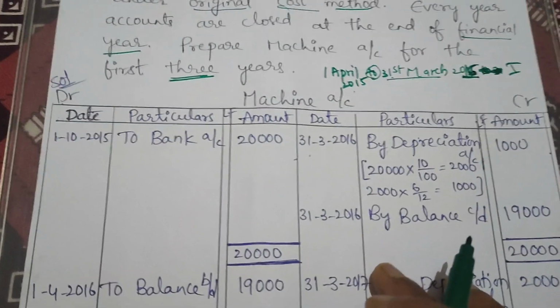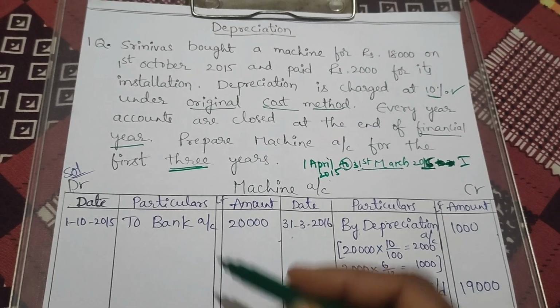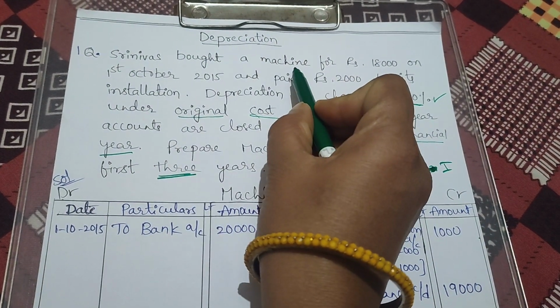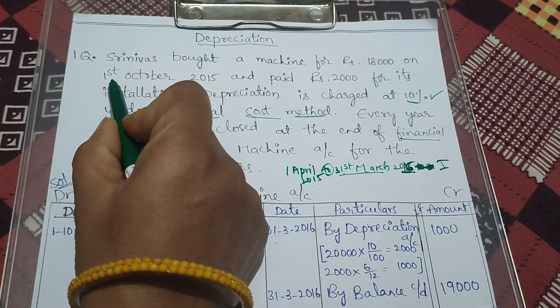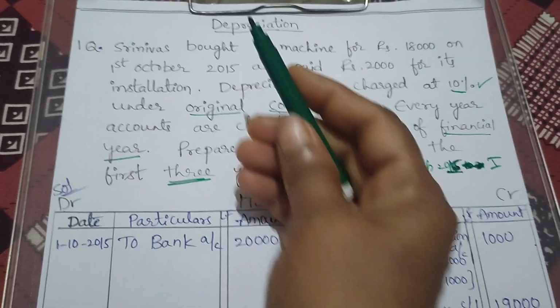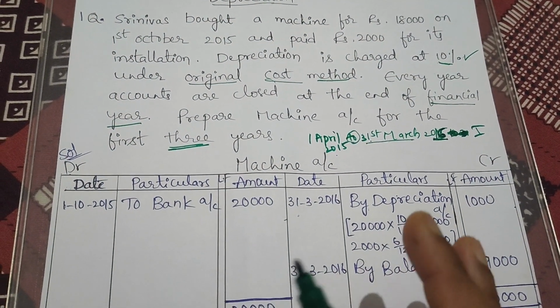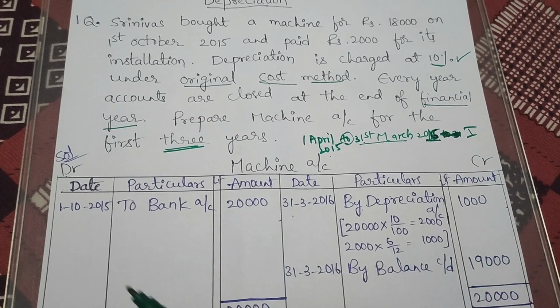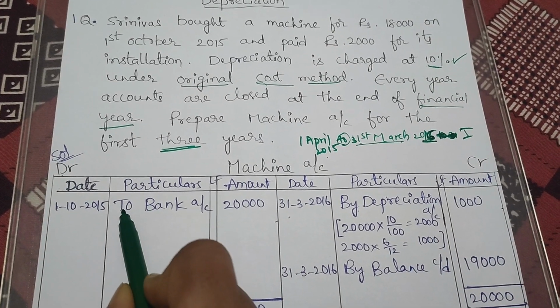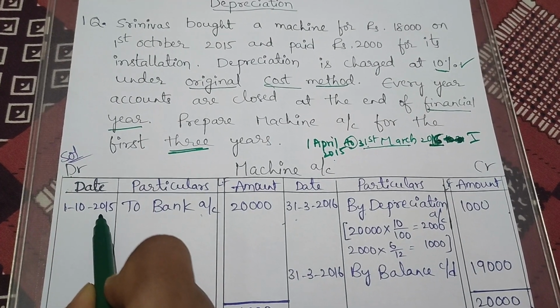Here, first the asset is purchased. First, the machine is purchased. On which date? On 1st October 2015. Just now I told that if any asset is purchased, we have to write it on the debit side to bank account, and the date of purchase should be recorded here.